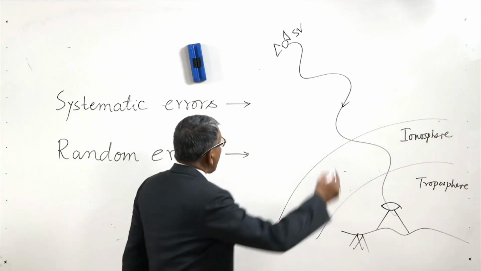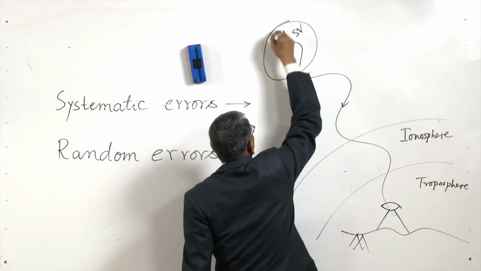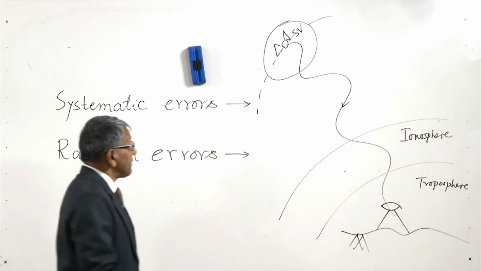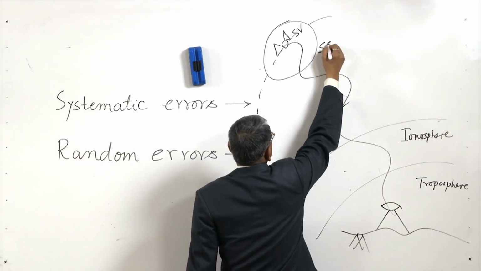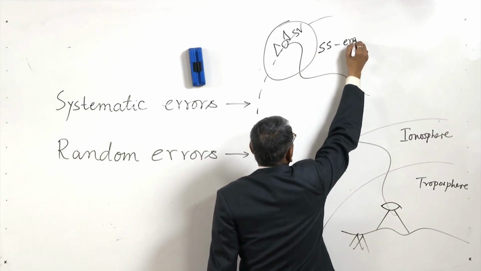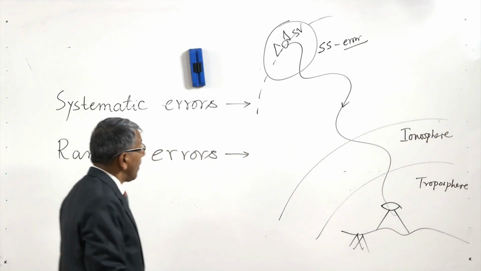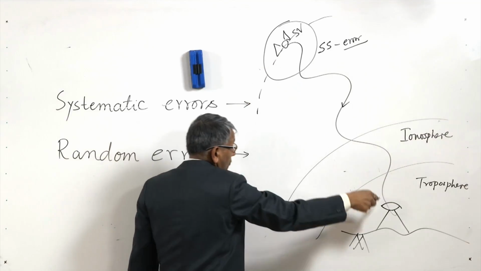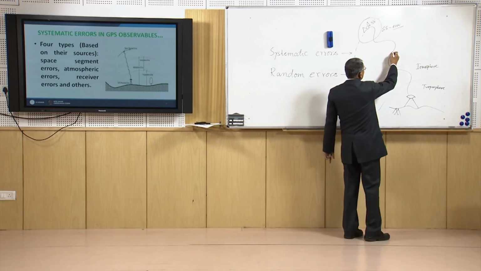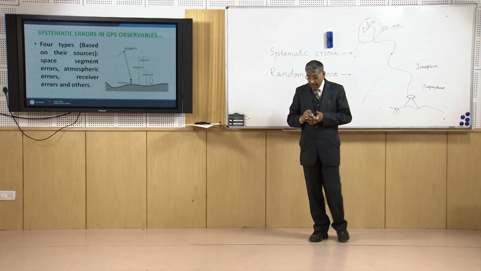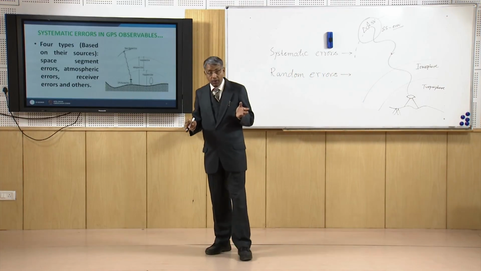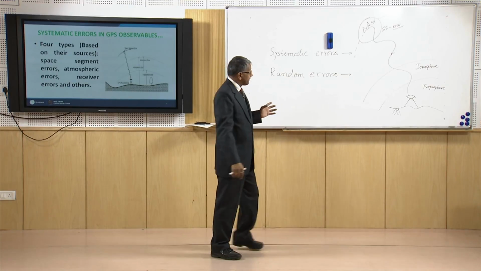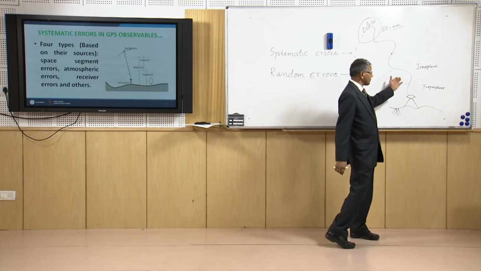Now there may be error associated with the satellite vehicle or orbit. That is called space segment error, a systematic error. Also, the signal that is coming from satellite vehicle to receiver may not propagate the way it is expected to because of the presence of ionosphere and troposphere.